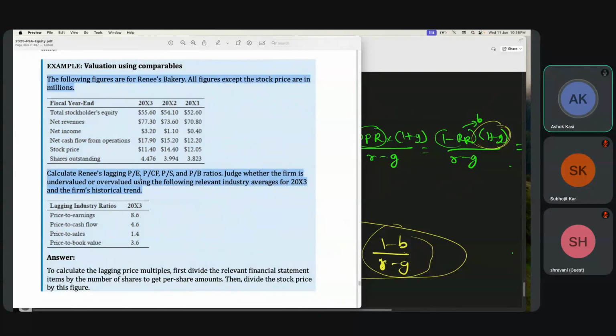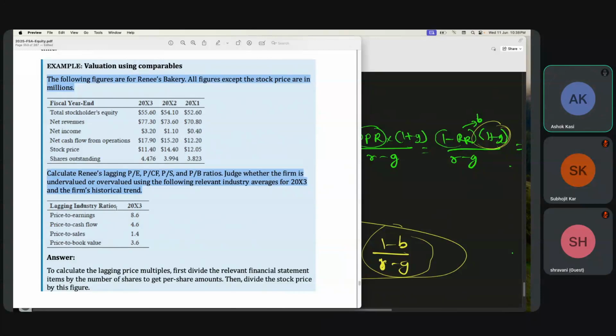Calculate Rennie's lagging PE, price to cash flow, price to sales, and price to book ratio. Judge whether the firm is undervalued or overvalued using the relevant industry average for 2003 and the firm's historical trend.